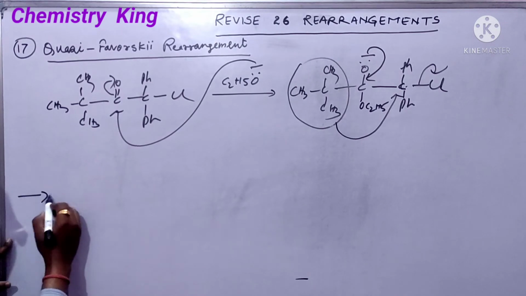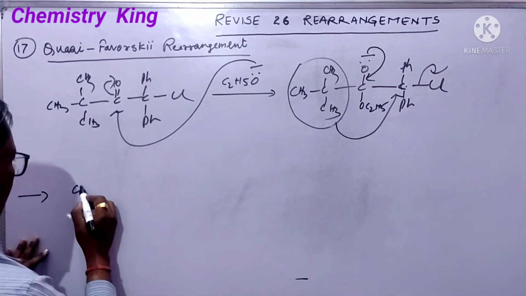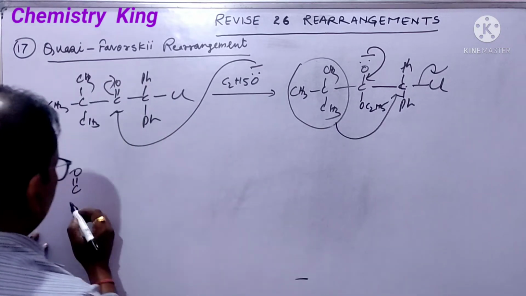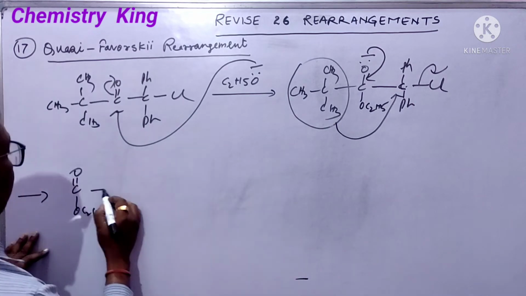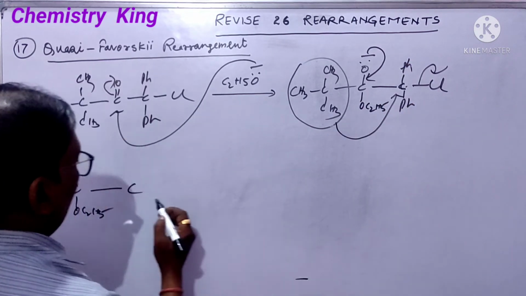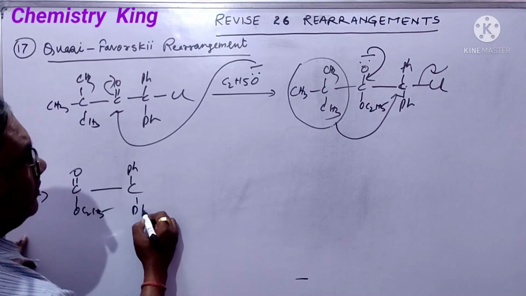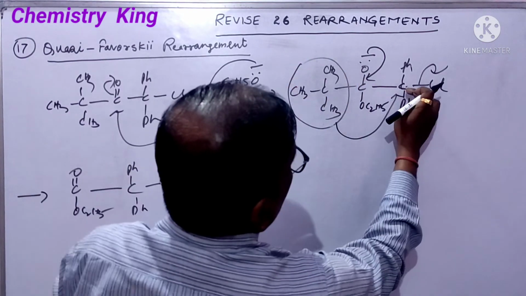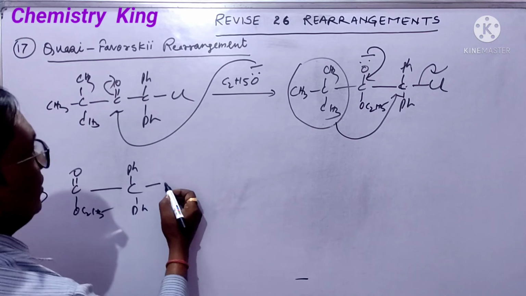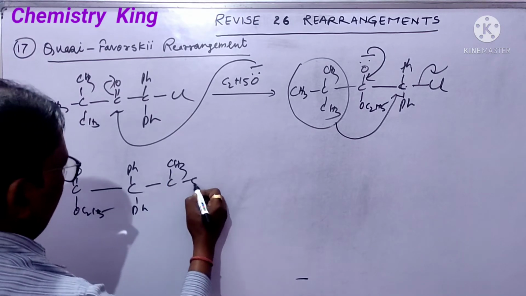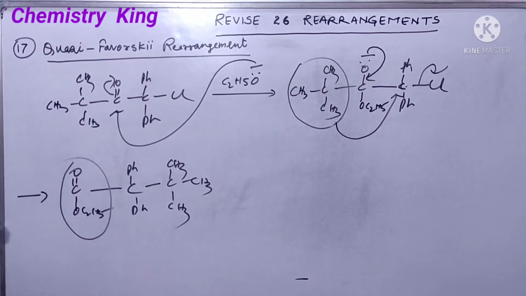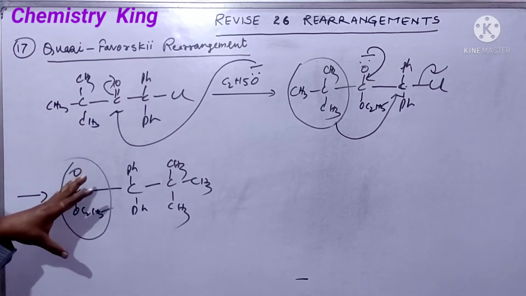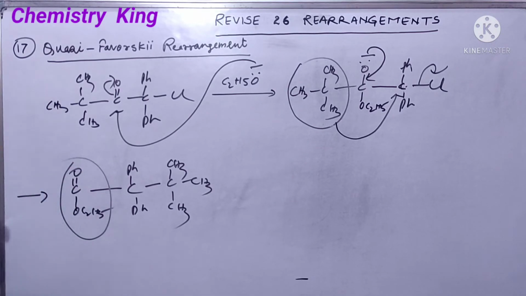So you will get C double bond O, OC2H5, attached with this carbon where there are two Ph groups, and CH3, CH3, CH3. It is an ester group. It means here also you are getting ester, like in Favorskii rearrangement. Okay.